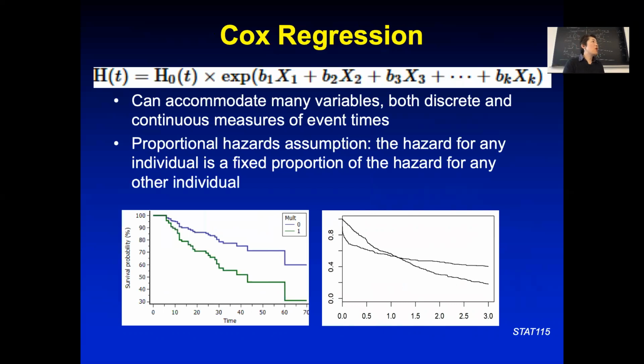So for example, we could ask whether body mass index makes a difference, whether patient age makes a difference, whether heart rate or whatever plays a role as well. So you could have multiple variables that play a role, and for each variable, you don't know how much they play a role here.